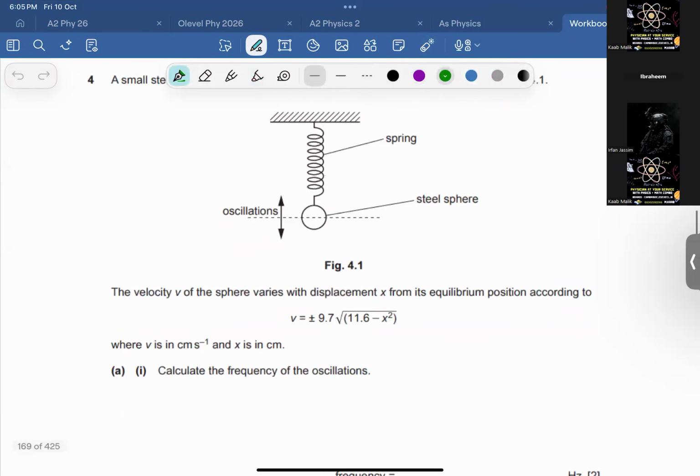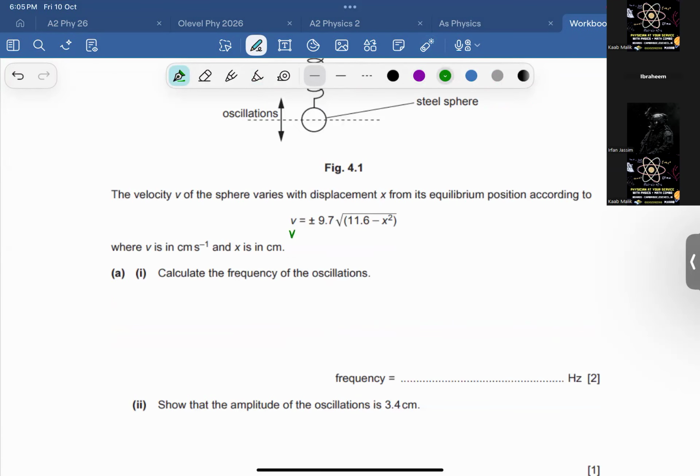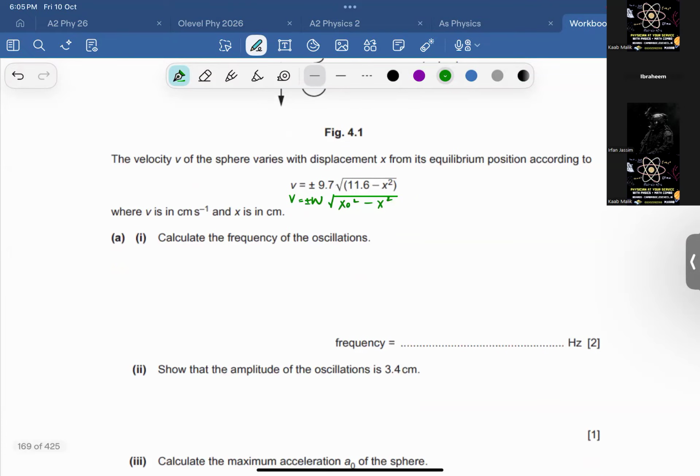If you remember, we did a formula where v is equal to omega root of x naught squared minus x squared. So we know that omega is basically 9.7, and omega is 2 pi f.